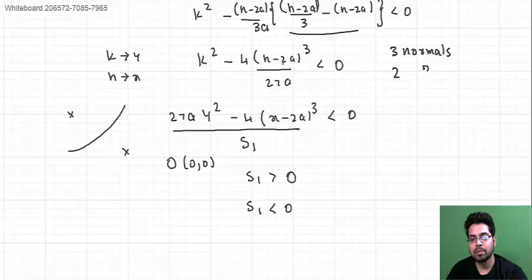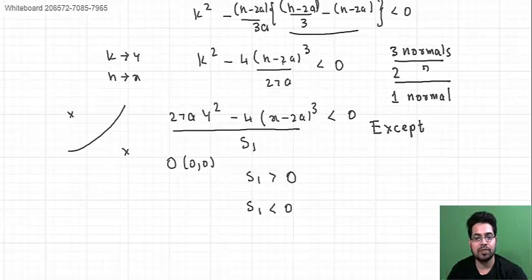Now if I'm talking about the case from where 1 normal can be drawn, that means all the region except the region from where 3 normals can be drawn and 2 normals can be drawn.